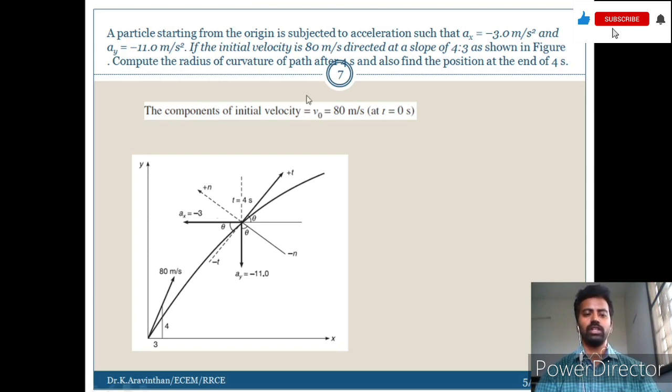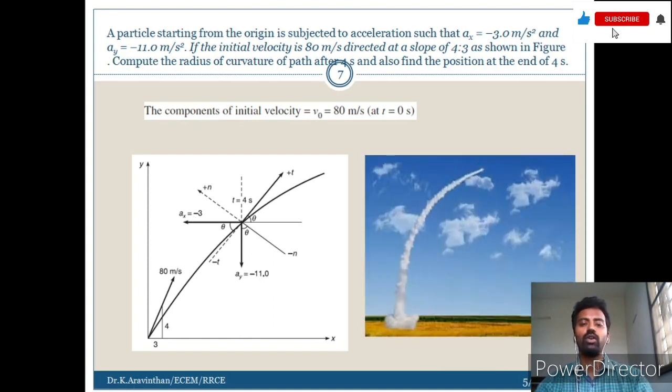So this object is traveling in a curved path, so definitely you will be having a radius here, and also find the position at the end of 4 seconds. So the position here, you have to find the coordinate. So this is the 0,0 coordinate, and you have to identify the coordinate at t equal to 4 seconds. For that they have given two components of acceleration. So acceleration is minus 11 and minus 3. So let us find the components one by one.